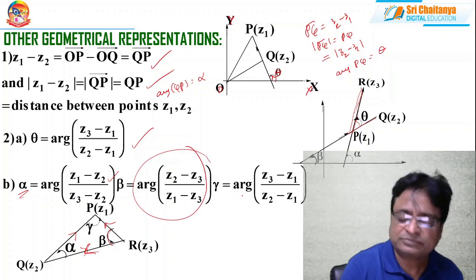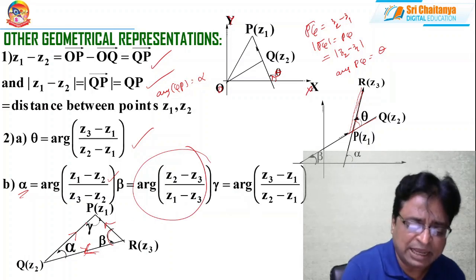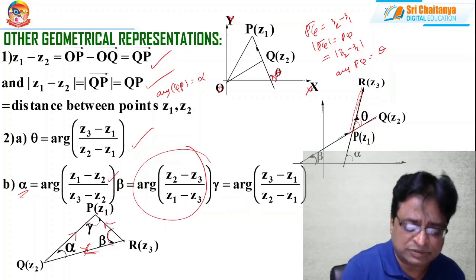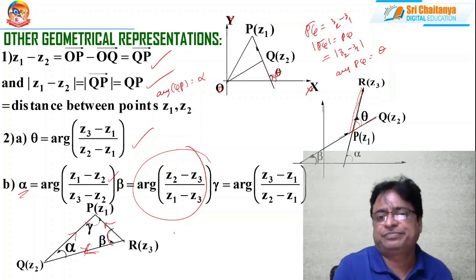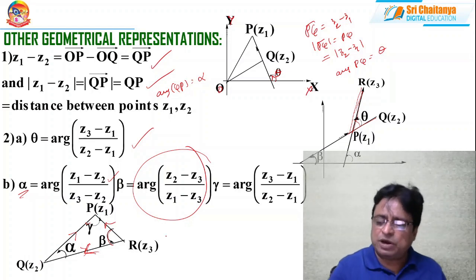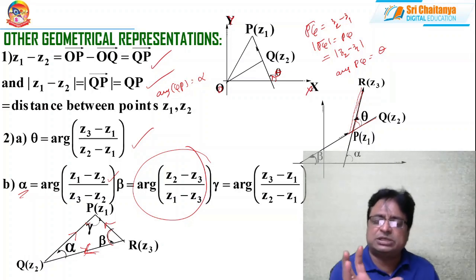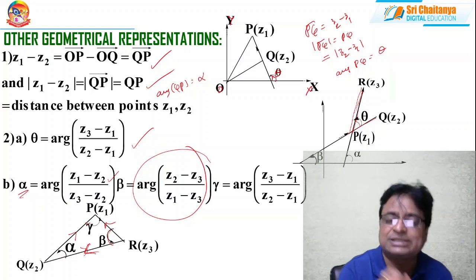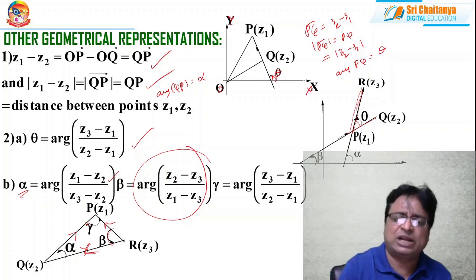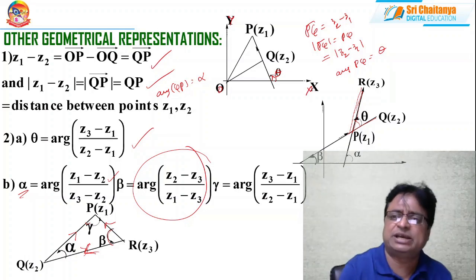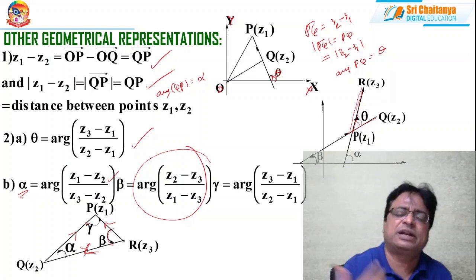Again, gamma is the angle between PR and PQ. So if you are familiar with these arguments and rotations, then complex numbers is nothing for you. I have explained the maximum points here, and with practice itself you can get confidence.